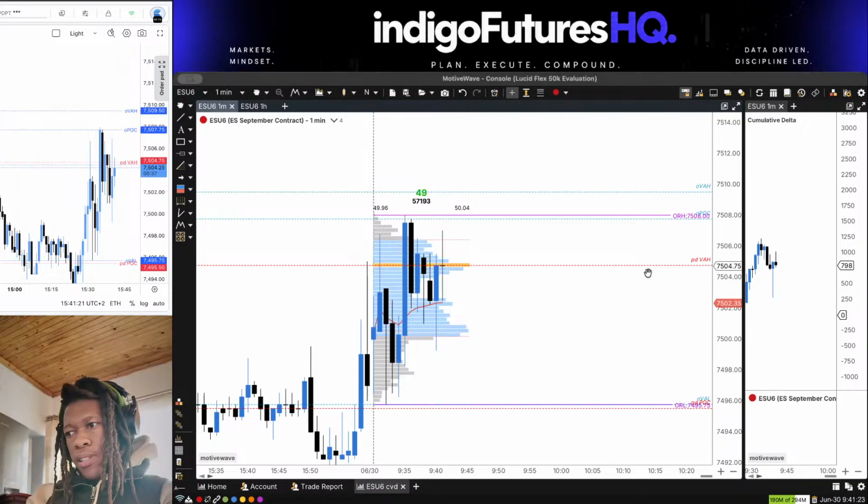15:41. 5 more minutes until my trading window's officially open. POC's shifted higher. POC is officially at the previous day value area high, so previous day value area high is fair value right now. Well, let's see. Do we agree on price here?